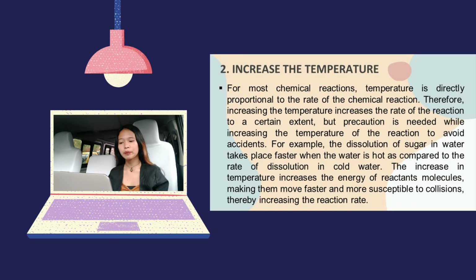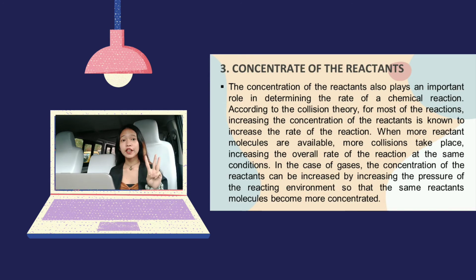For example, the dissolution of sugar in water takes place faster when water is hot as compared to the rate of dissolution in cold water. The increase in temperature increases the energy of reactant molecules, making them move faster and more susceptible to collisions, thereby increasing the reaction rate.